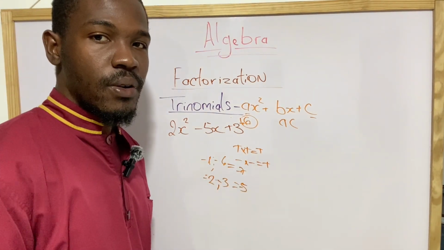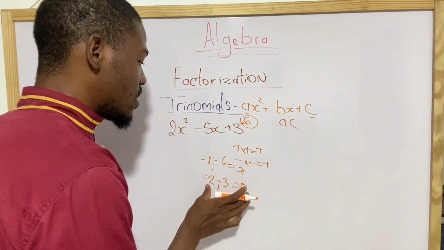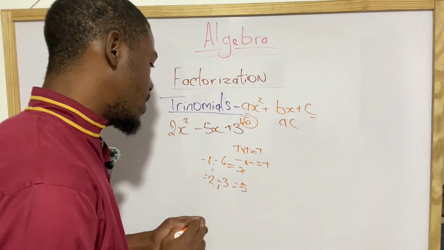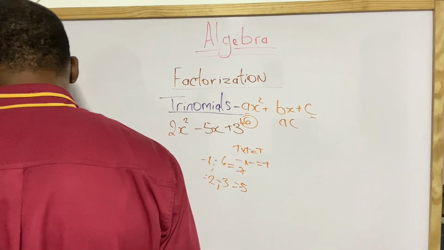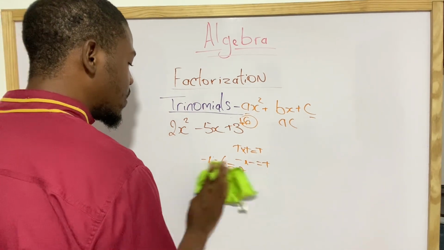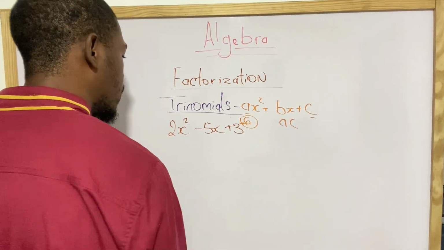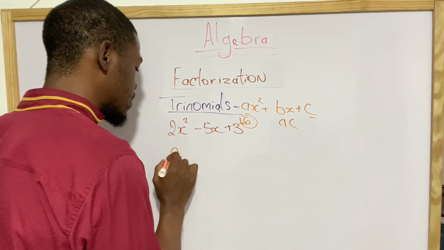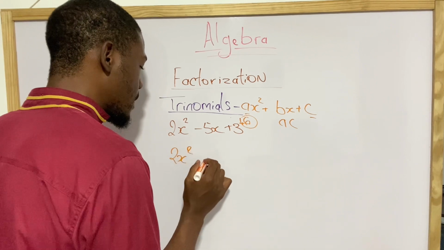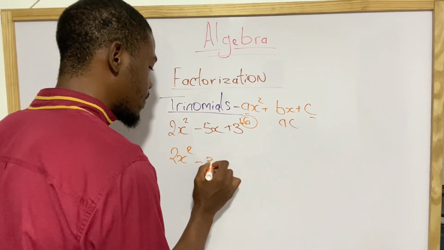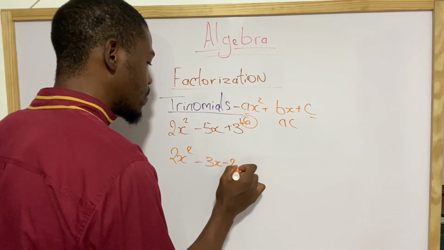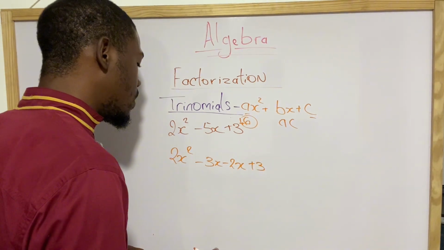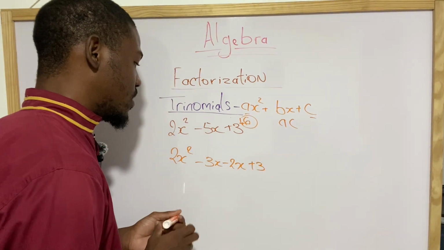So the pair that we're going to be using is negative 2 and negative 3. So we're just going to rewrite it as 2x squared minus 3x minus 2x plus 3.